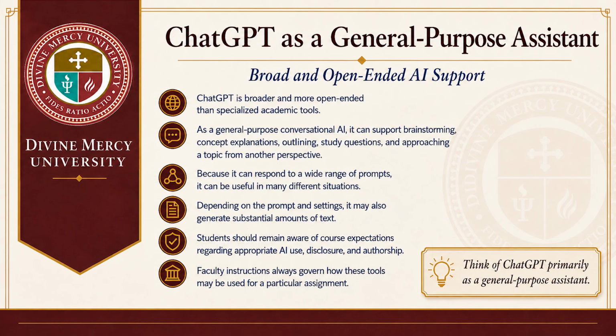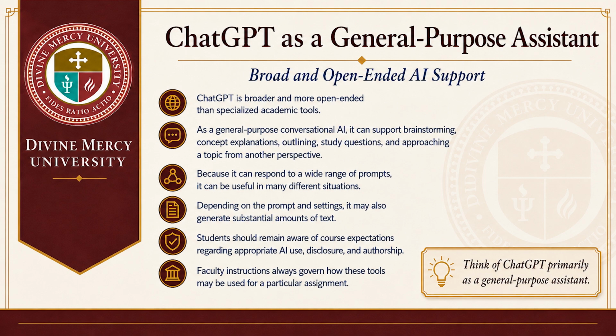ChatGPT is broader and more open-ended than any of these specialized academic tools. As a general-purpose conversational AI, it can assist with activities such as brainstorming, explaining concepts, developing outlines, generating study questions, or helping a student approach a topic from another perspective. Because ChatGPT can respond to a very wide range of prompts, it can be useful in many different situations.